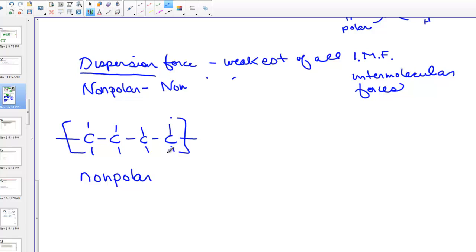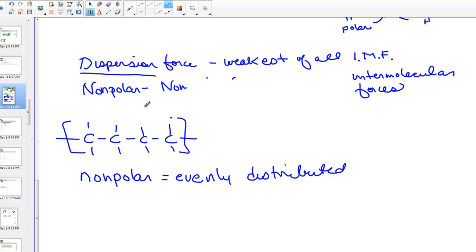Now let's repeat that. This molecule is nonpolar. It does not have any significant areas that are considered to be positive or negative, but more evenly distributed throughout the molecule.